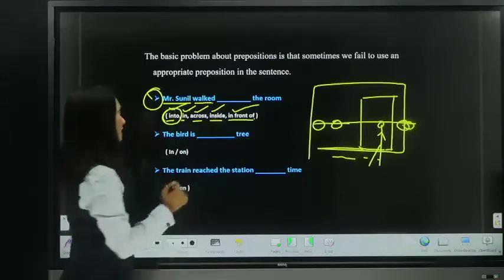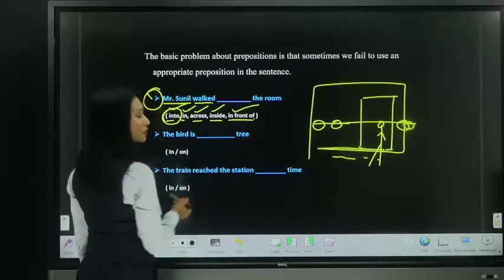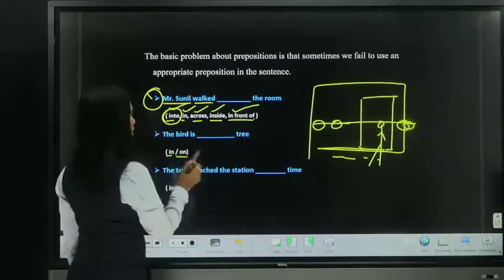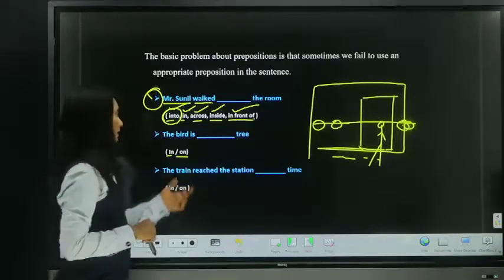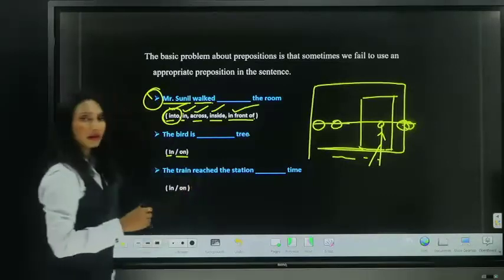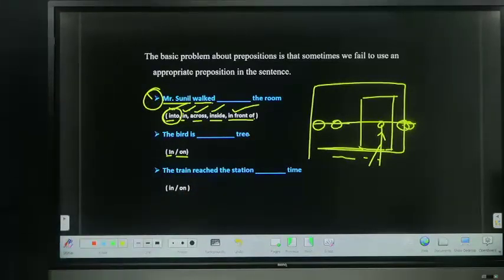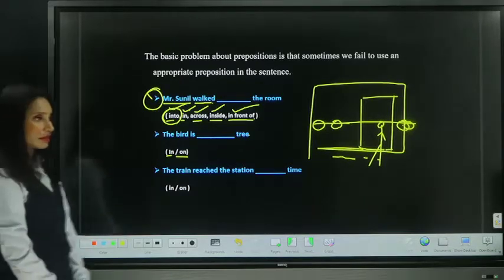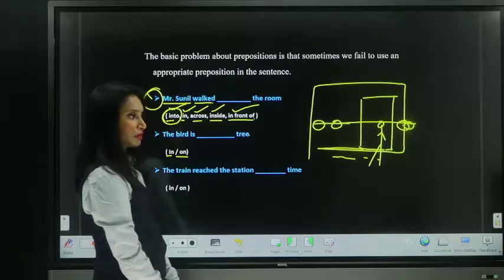Now look at this sentence. The bird is dash tree, in or on. Answer this one. The bird is dash tree, in or on. Quick. What about Akash?